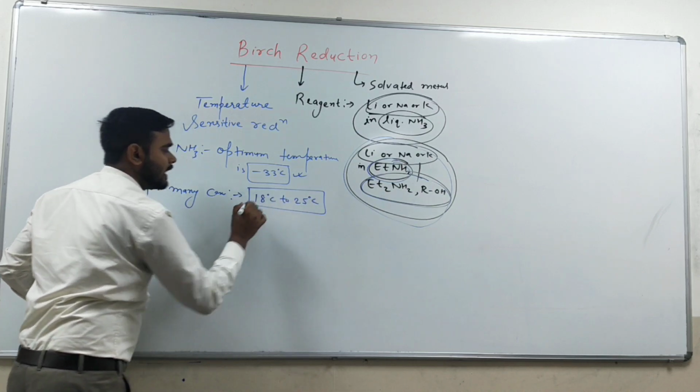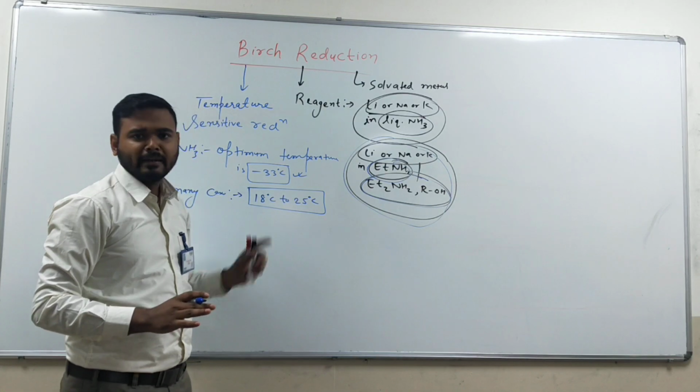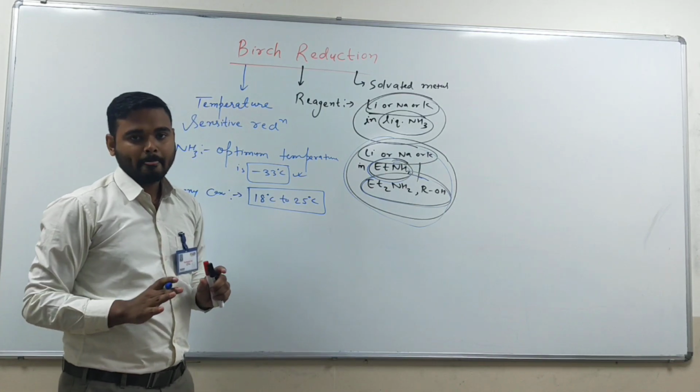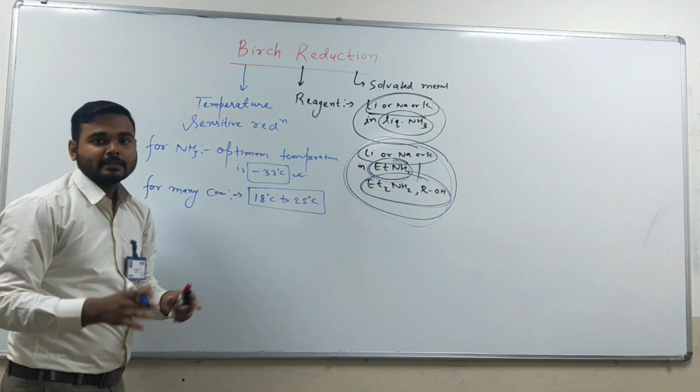It means you can perform the reaction at room temperature, and this temperature you can maintain in the laboratory as well. So you can see how Birch reduction is temperature sensitive.